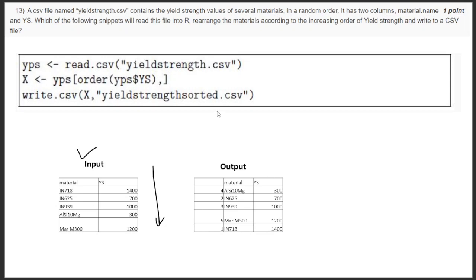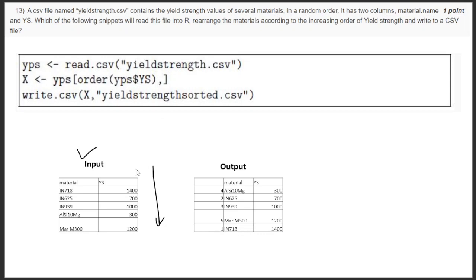YPS is the variable to which we are invoking all the values from the CSV file, and we are asking to reorder using the command YPS order. This dollar symbol represents that we are taking a particular column value from that matrix.